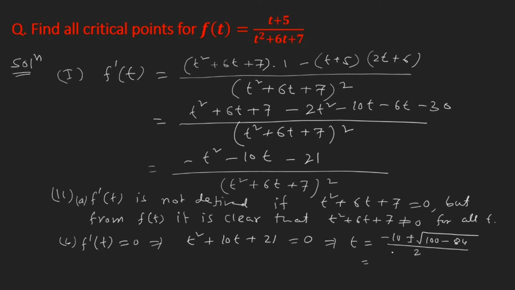So this will give you minus 10 plus minus 4 over 2. So critical points are t is equal to minus 7 and minus 3.